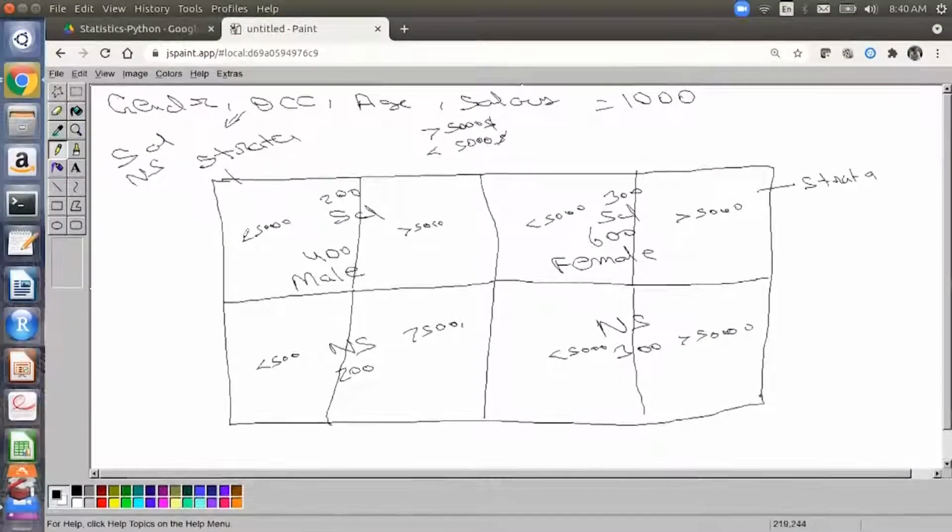Now in this stratum, suppose total salaried are 200. Out of 200, suppose 50 are less than $5,000 and 150 are greater. Here again, suppose 200, and here you have 100. Out of 300, 150, and 150 we will split up again.